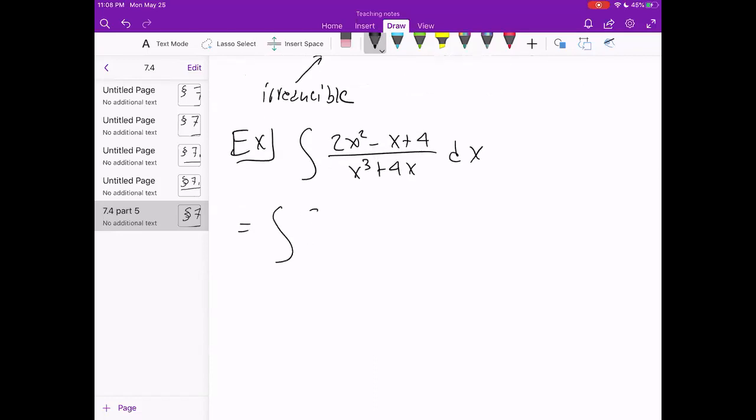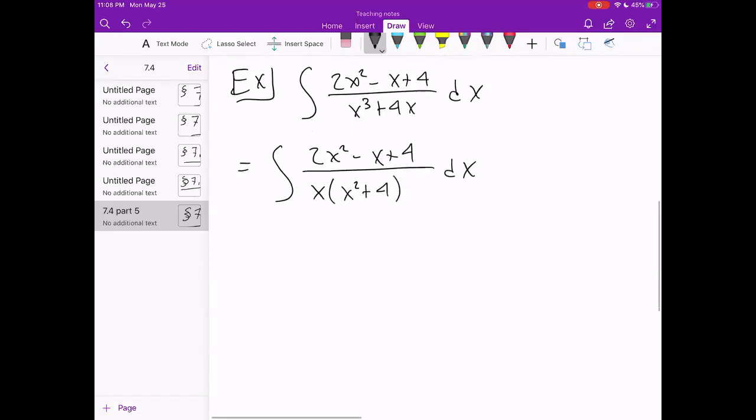First thing we're going to do is try and factor the bottom as much as we can, so the denominator. If we factor out an x, I'm going to have x squared plus 4 down there, dx. Now if you look at that x squared plus 4 term, that one doesn't factor any further. Its roots are not real. And that's what we're checking. We're checking if this thing has real roots. If it has real roots, it can be factored with real numbers. If it doesn't have real roots, it cannot be factored with real numbers.